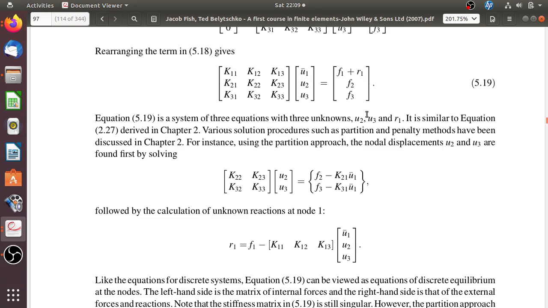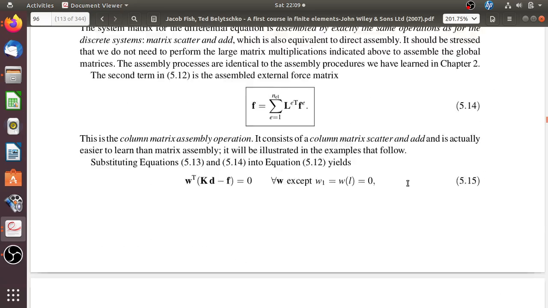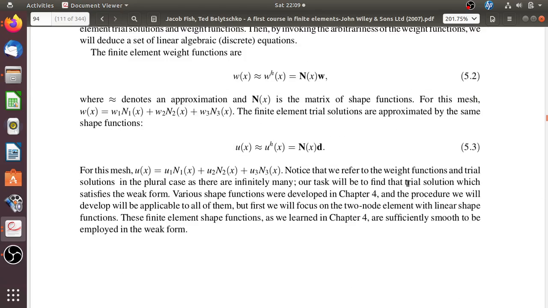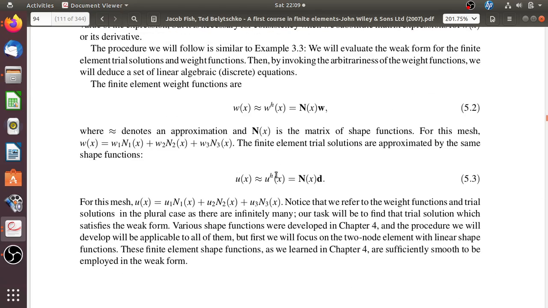Okay, and now what is the solution? So now I know what is u1, what is u2, what is u3. Okay, now what is the solution, which is u, right? And the solution is this one or this one.